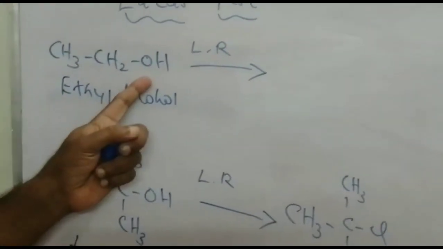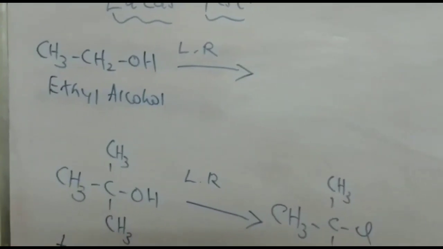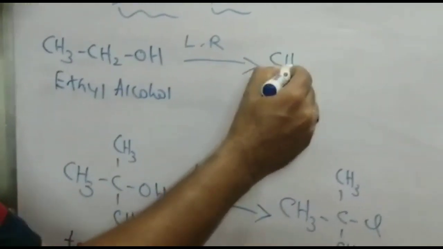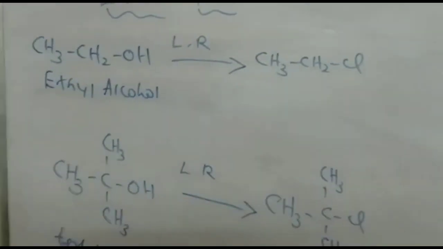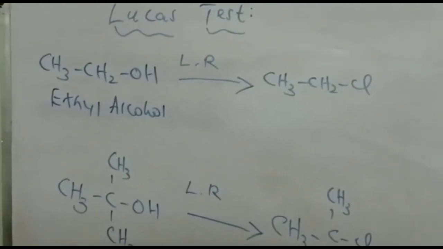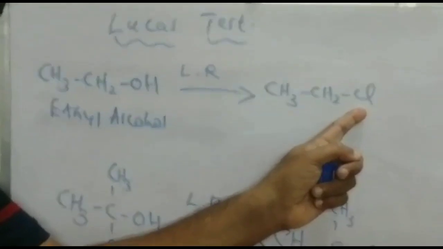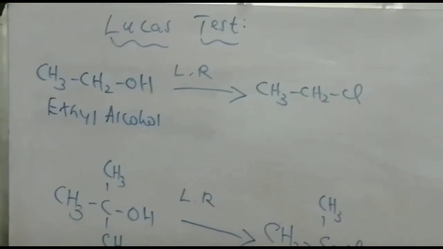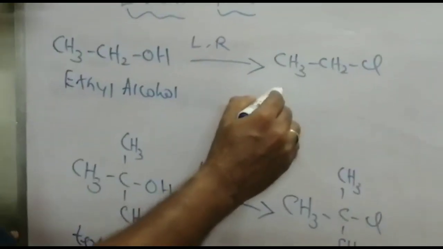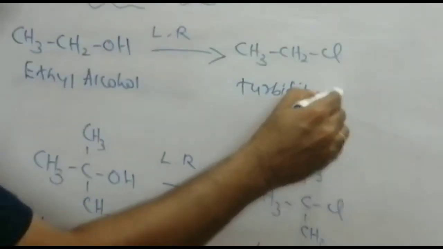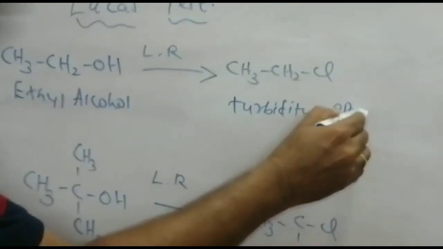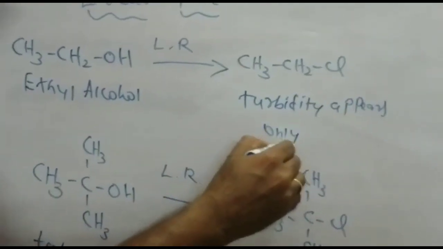What happened means, this OH is replaced by Cl. CH3, CH2, Cl. The Cl formed in the product indicates turbidity. Is it clear, right? So here turbidity appears only on heating.